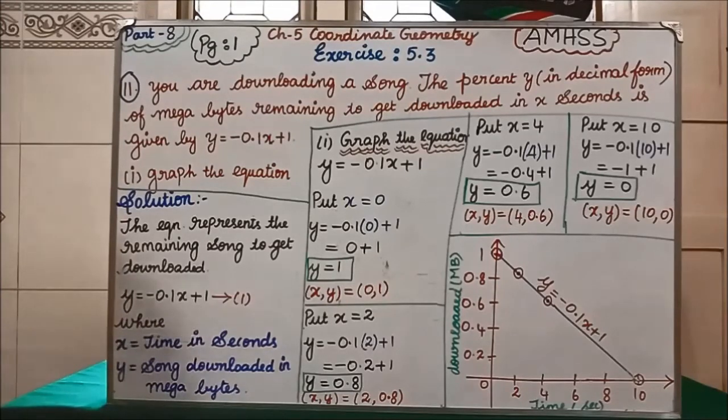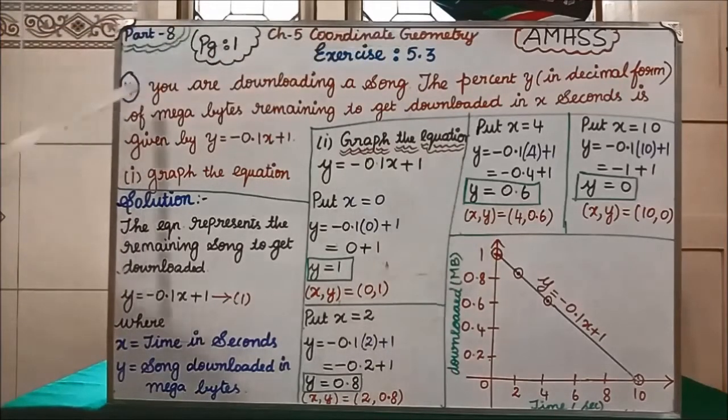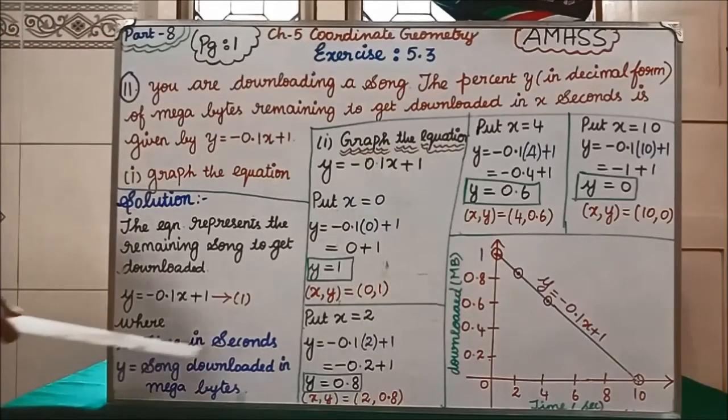Here y is equal to song downloaded in megabytes. In the question, that is the present y in megabytes, remaining to get downloaded. So x is equal to time, y is equal to song downloaded in megabytes.